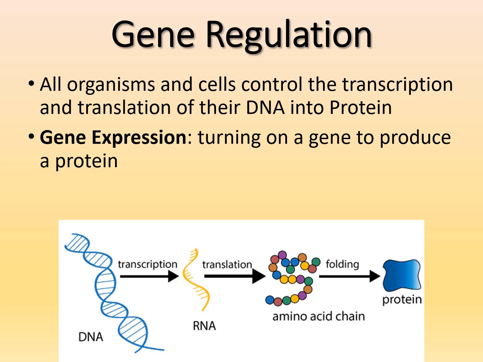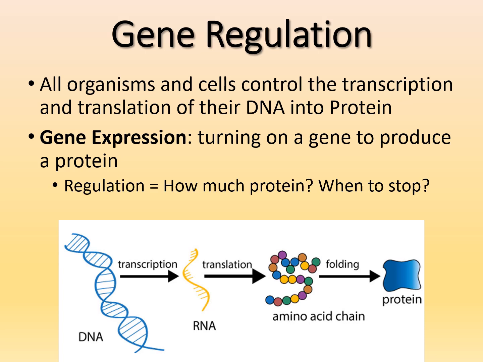So that is called gene expression if we actually turn on a gene to produce a protein. So we want that specific protein, we're going to turn on that gene or express that gene, and we're going to produce that protein. But how much do we produce of that protein? And that's the regulation process.